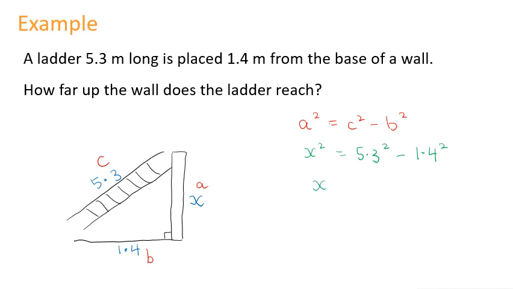And then I put into my calculator 5.3 squared minus 1.4 squared, which equals 26.13. And the last step, I square root the solution, which equals 5.1. So that is how far up the wall the ladder reaches.